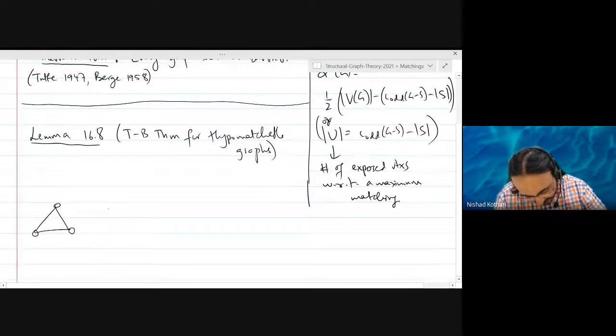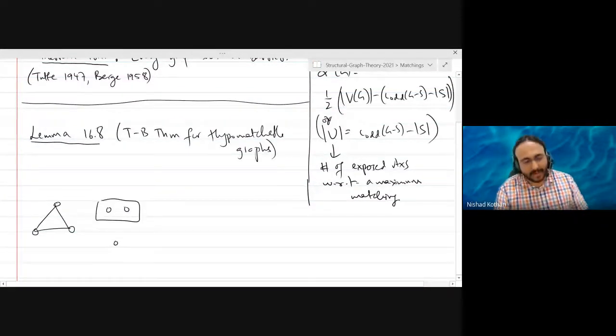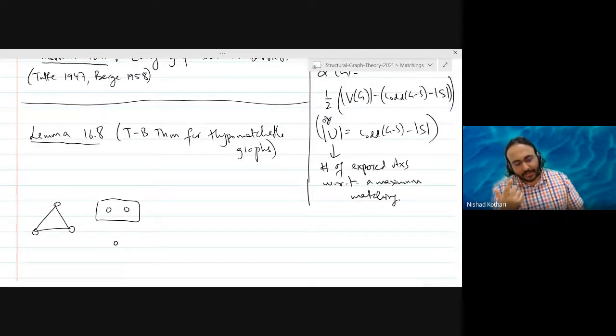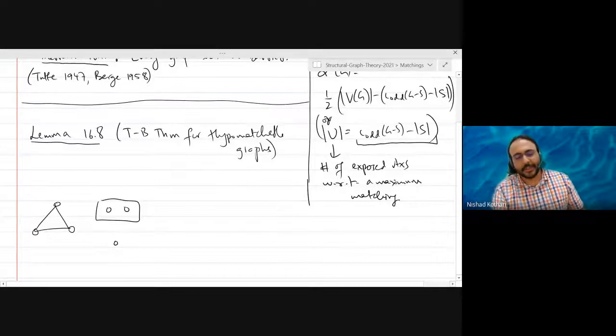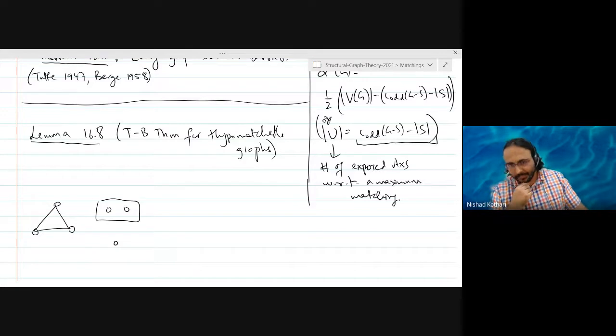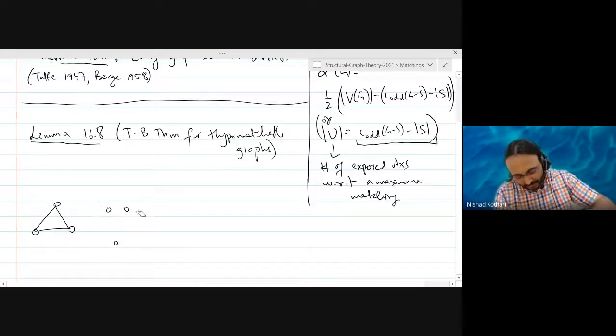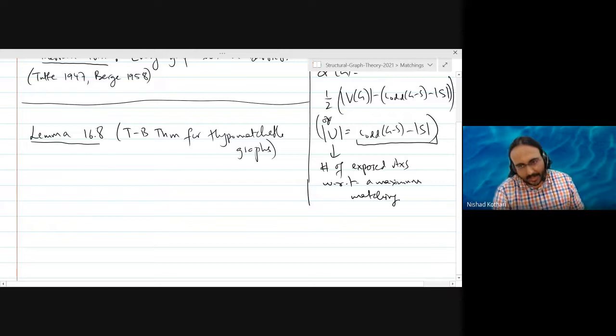No, two vertices does not work. Sorry. You cannot delete two vertices because you need to get one more odd component than the number of vertices you deleted. So if you want to delete two vertices, you should get three odd components. Sorry, my bad. So what you want is the number of odd components should be one more than the number of vertices you deleted, right? Because a maximum matching will leave exactly one exposed vertex. Remove the empty set and observe that this works for every hypomatchable graph.